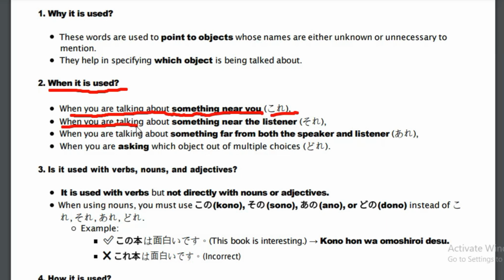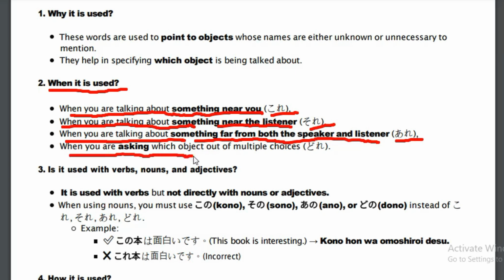When you are talking about something near the listener, you use sore. When you are talking about something far from both the speaker and the listener, you use are. And when you are asking which object out of multiple choices, you use dore.